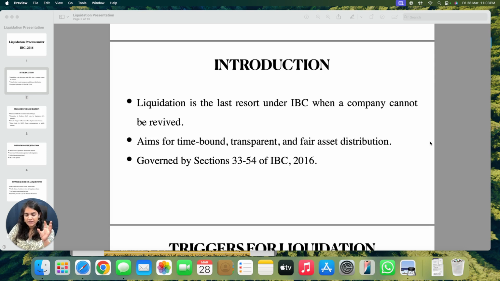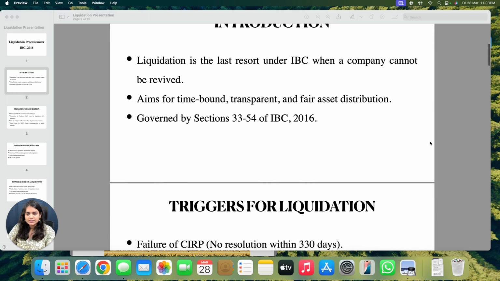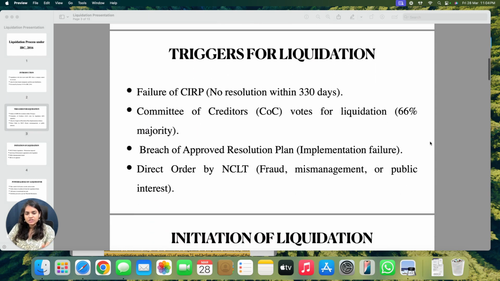Both of these combined: the liquidation process regulations provide for the procedural aspect of how a liquidation procedure is to take place. They provide a timeline and specific duties that a liquidator has to undertake, and the sections provide for the substantive part. Now, let us understand the various triggers for liquidation.